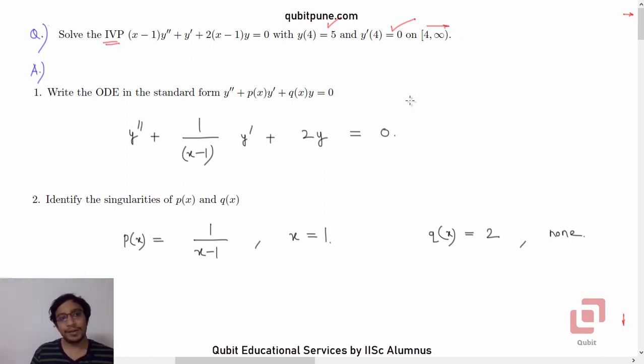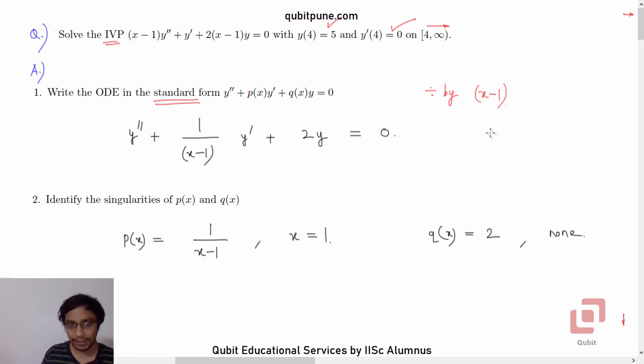The very first thing that we should do here is we would like to write down the given ODE in the standard form. Now what do we mean by the standard form? It's the one stated in the theorem, y double prime plus p y prime plus q y equal to 0. So we have to divide the differential equation by x minus 1, the coefficient of y double prime.